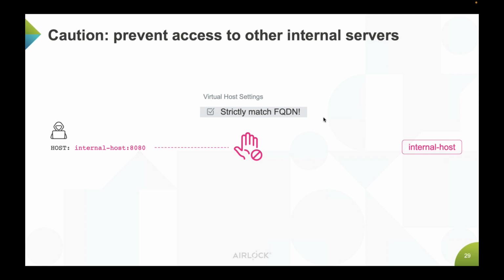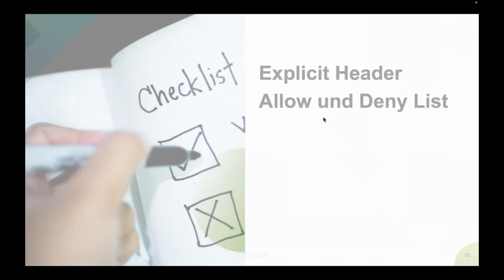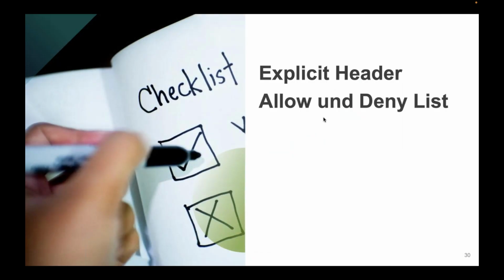So in order to prevent this, when you're directing to an internal host, you can turn on the strictly match FQDN feature on the virtual host. That way, an illegal host header will not be accepted. Illegal means a host header that's not matching the virtual host that the connection is on.